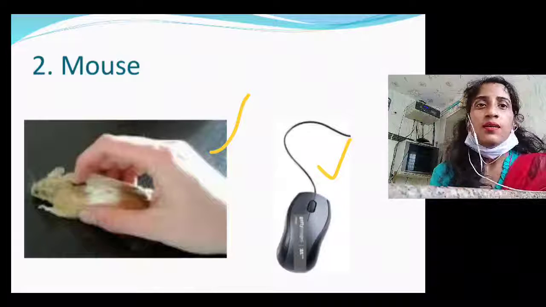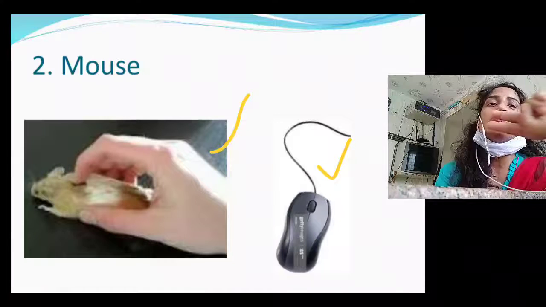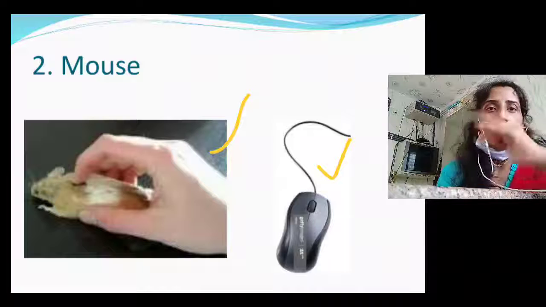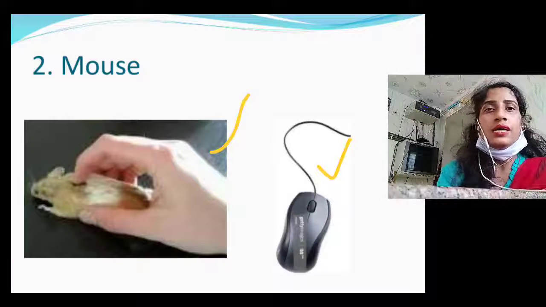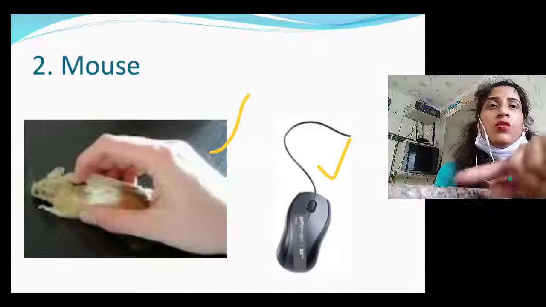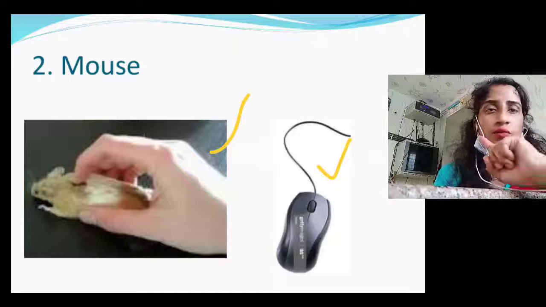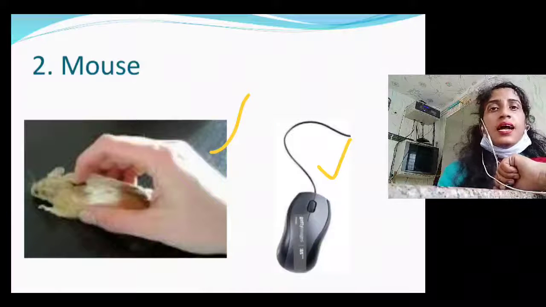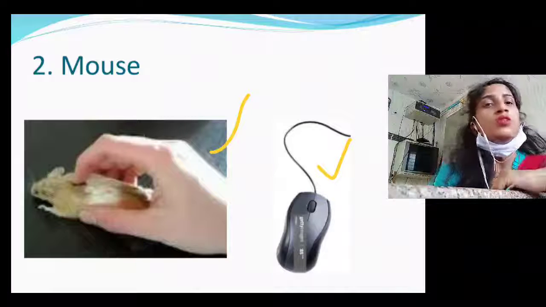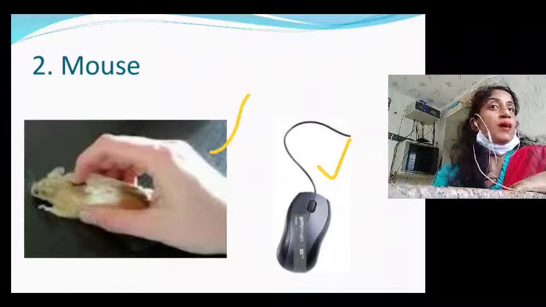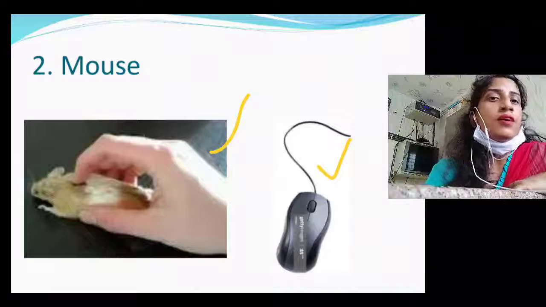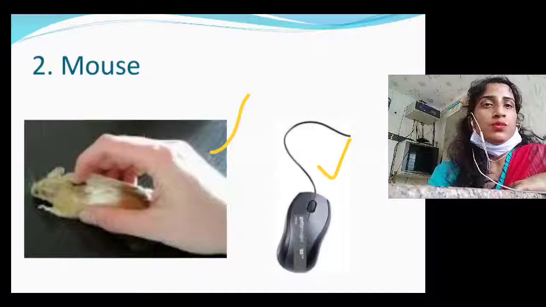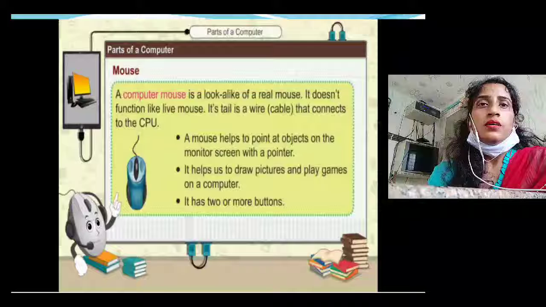A computer mouse also has 2 buttons, left and right. A real mouse has one tail. A computer mouse also has one cable which is connected to the CPU. So the computer mouse looks like a real mouse, but it does not work like a real mouse.